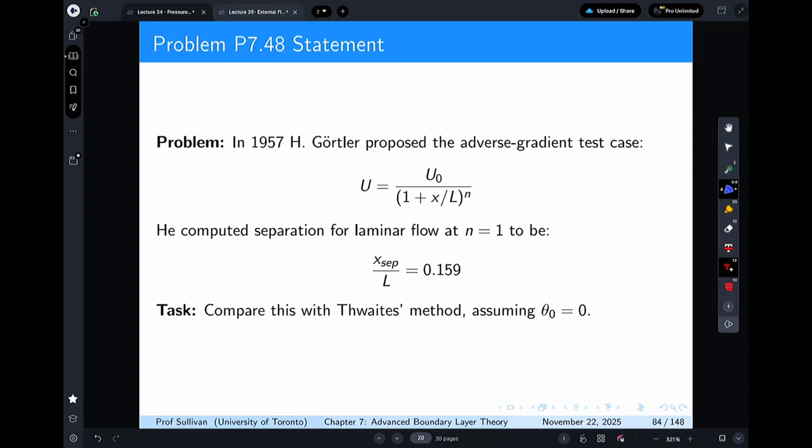And for his case for laminar flow, n is equal to 1, and x separation over L is 0.159. And we start out with theta naught equal to 0. Momentum thickness is 0, which makes sense. And we're going to compare it to Thwaites' method.